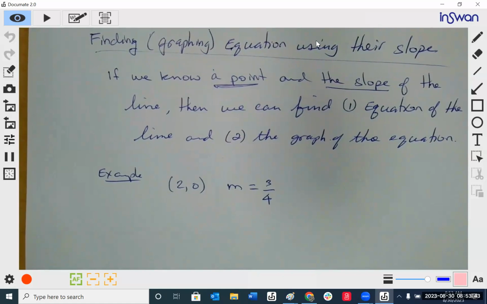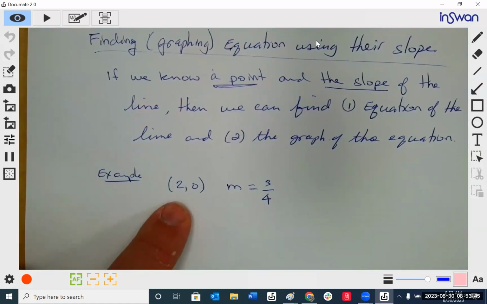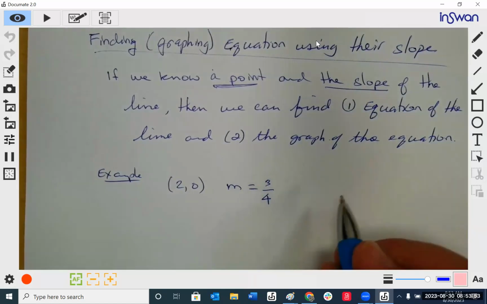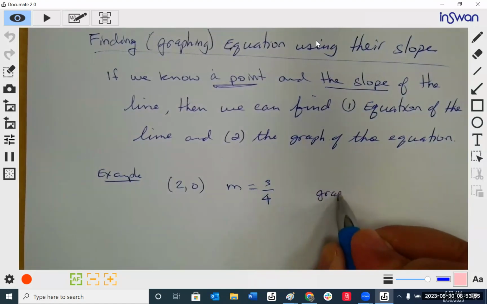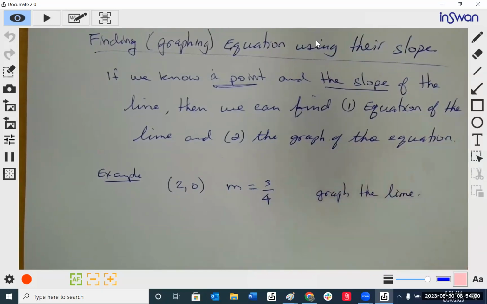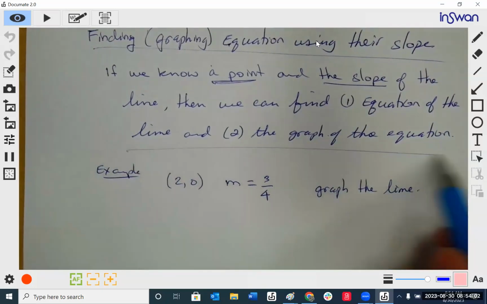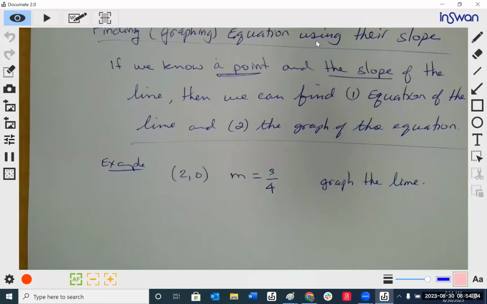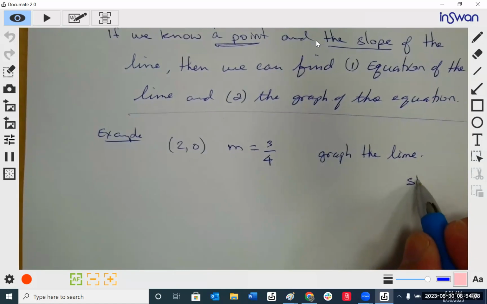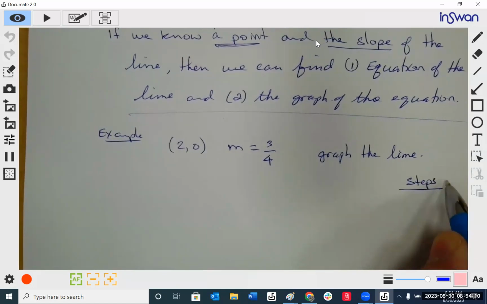Here's an example. I have a point, or my x-intercept. I have the slope is 3, 4. I'm asked to graph the line. Here are the steps.